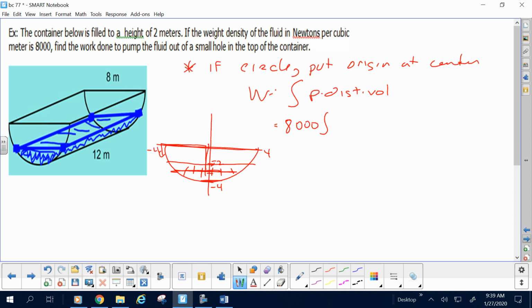So what's the distance if this is 0.4 and this is y? Actually, never mind. Let's just keep it universal. What's upper minus lower to get a positive value? 0 minus y. Okay, cool.